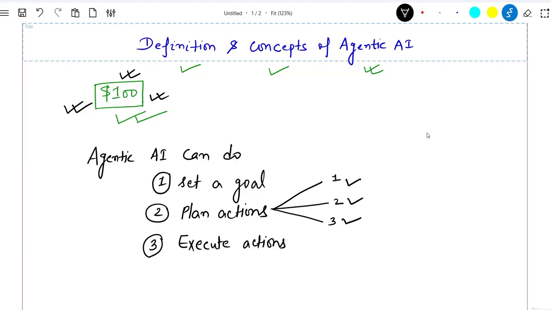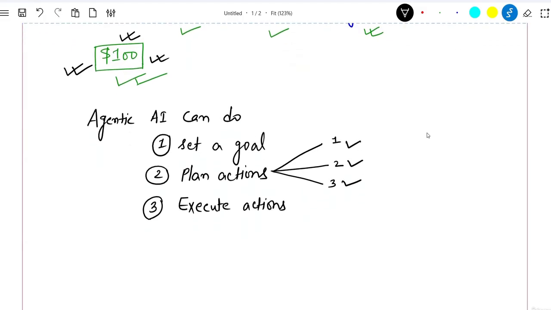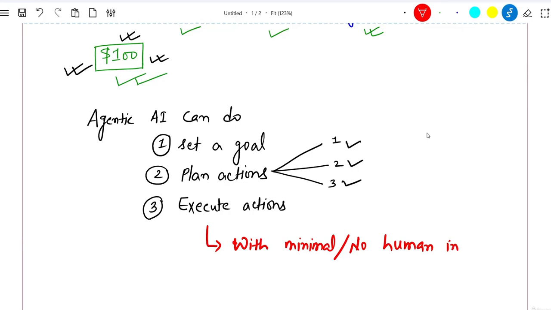That was the goal. The interesting thing here is all these things that I am mentioning will happen with minimal or no human intervention. And this is very critical here. This is the thing that makes agentic AI special.